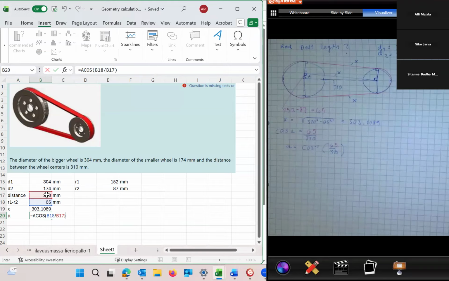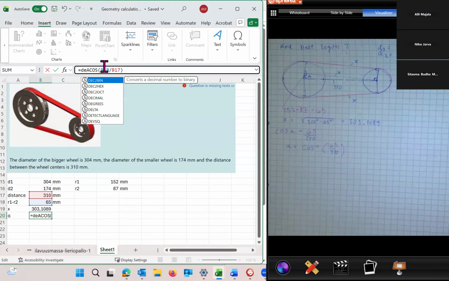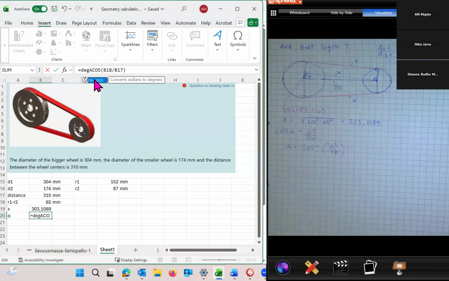Have you done this earlier? This kind of functions with Excel. So now if I put something here, it's something weird. It's in radians, okay? So I have to put one more command there, and it's the decrease.